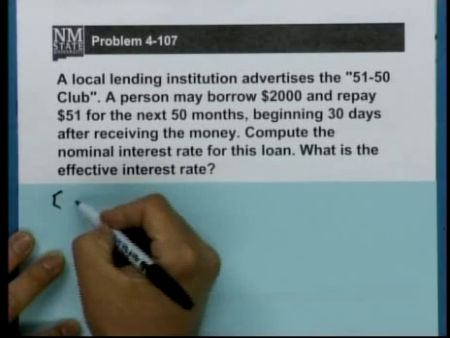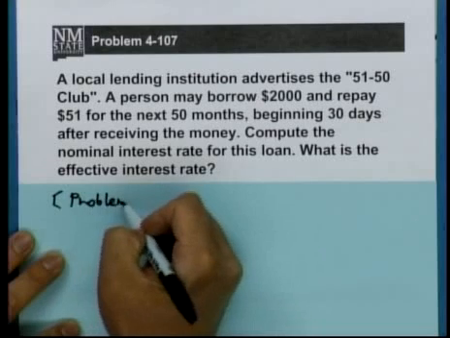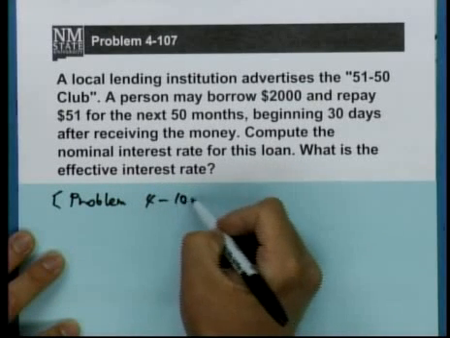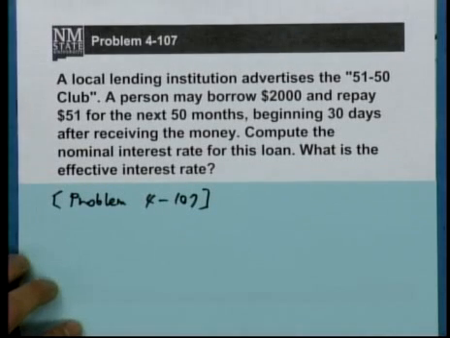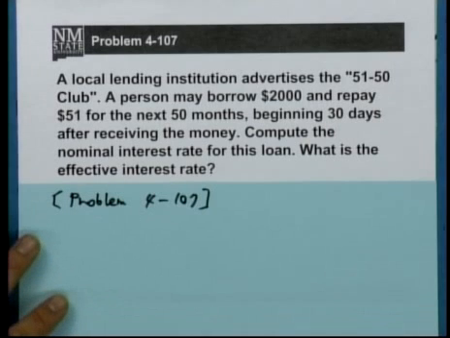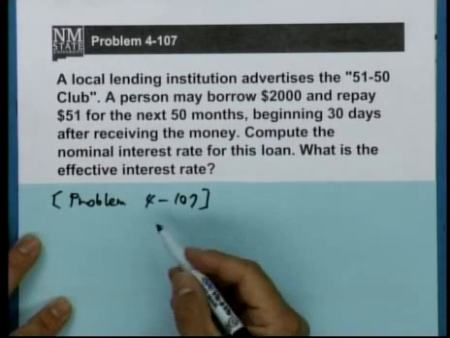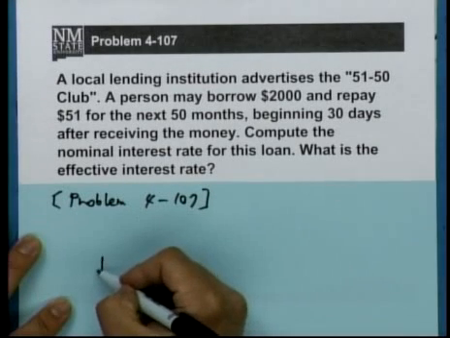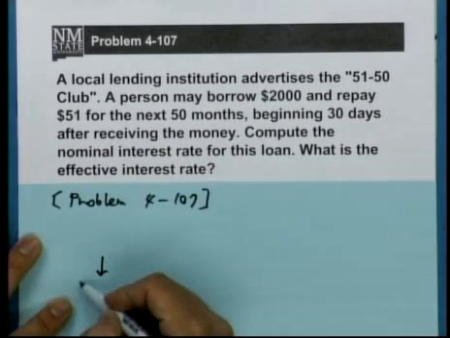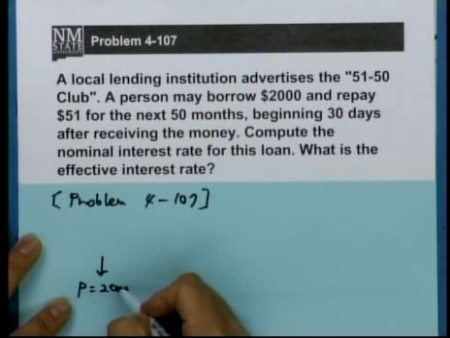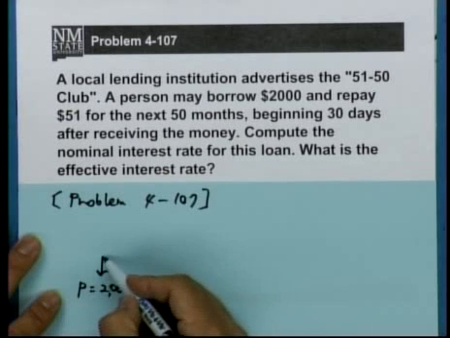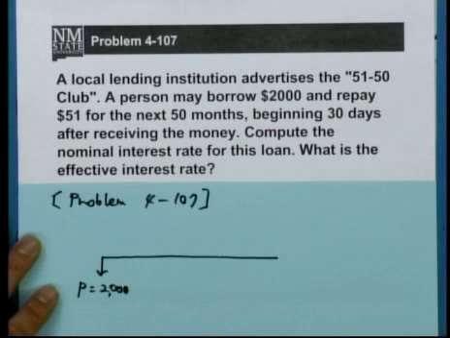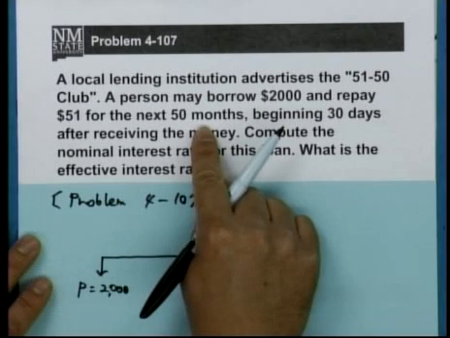So we are working on problem 4-107. Okay, and let's draw a cash flow diagram first. So you borrow $2,000 right now. Okay, so you have $2,000, and we pay $51 for the next 50 months, right?